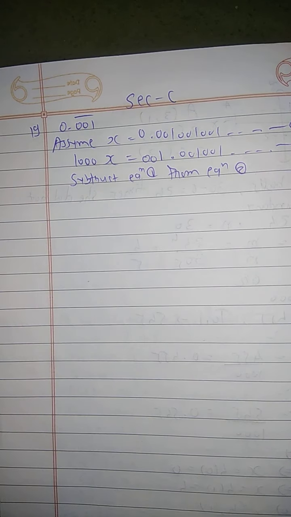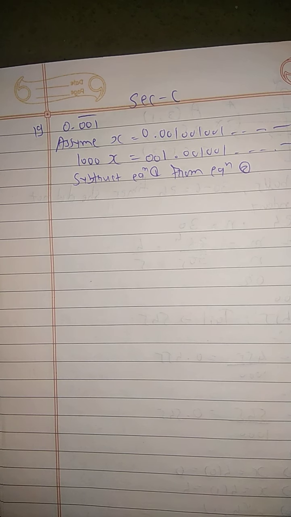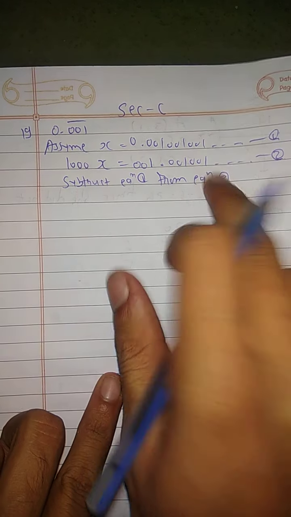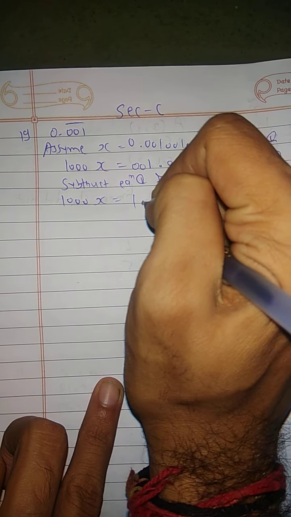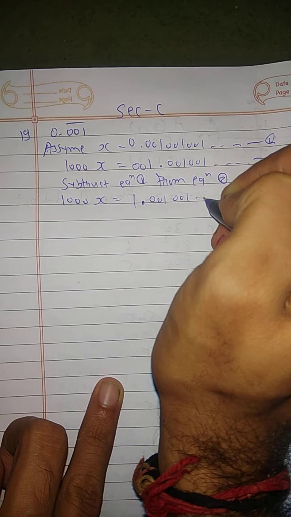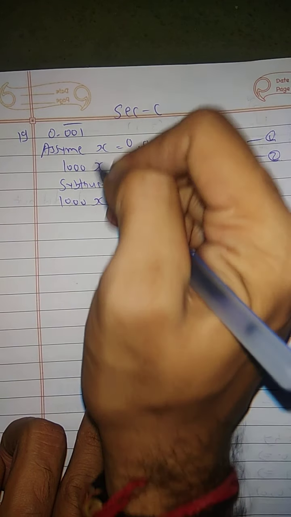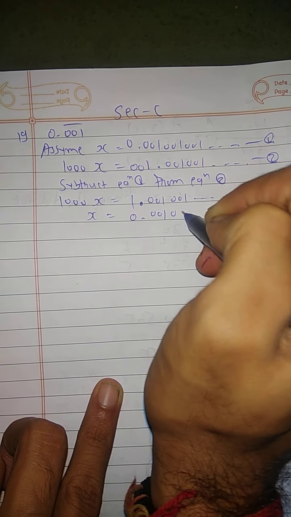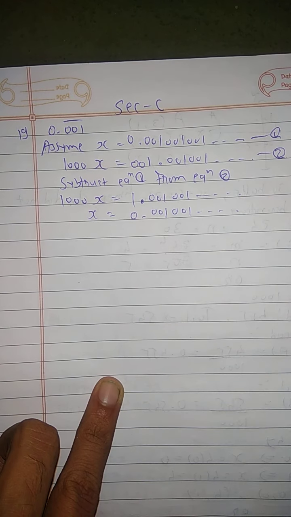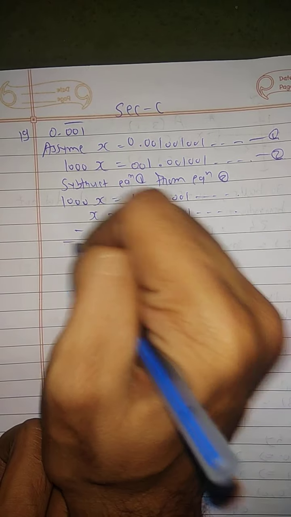Just use the subtraction process here. First of all, write down the second equation, 1000x. Now 001, that means 1 only, right? 1.001001 continuously. And here our value of x is equal to 0.001001 continuously. And here we are using the subtraction process.